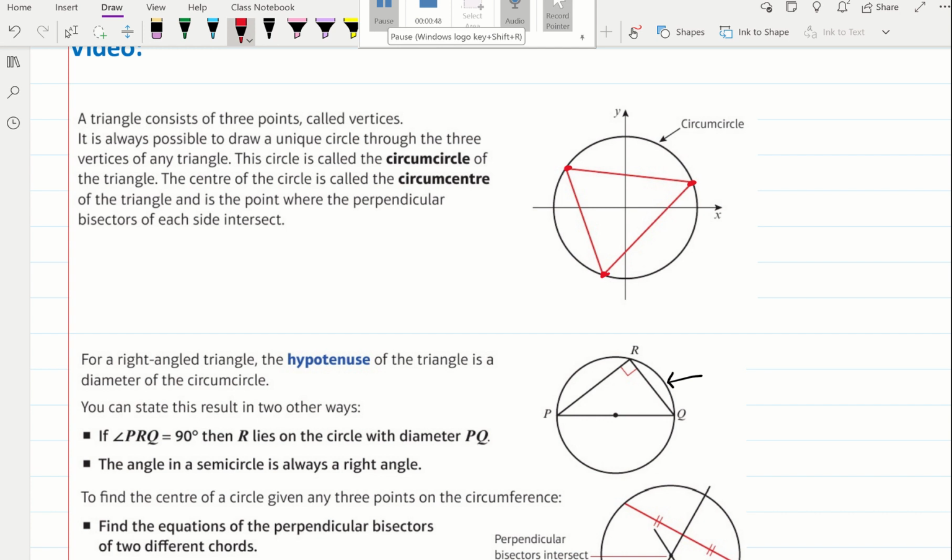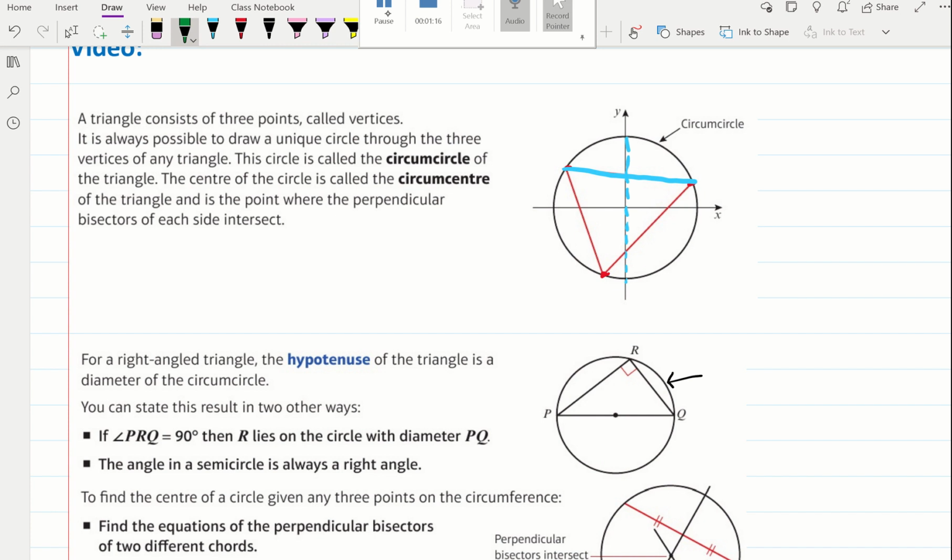The center of the circle is called the circumcenter of the triangle, and is the point where the perpendicular bisectors of each side intersect. So this is a side of a triangle, and the perpendicular bisector would be the dotted line.